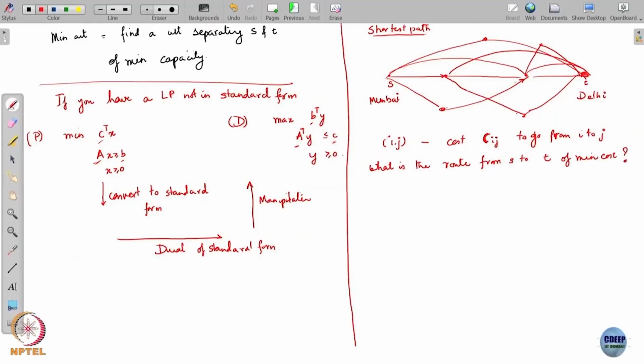Now, this is a problem that we end up solving every day when we use Google Maps to find a route from point A to point B. This is exactly what Google Maps is solving for you. It's assuming the cost as, say, the travel time from i to j. Within the city, maybe travel time is all you care about.